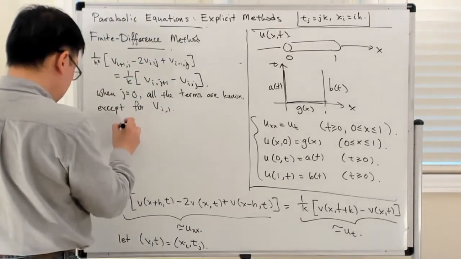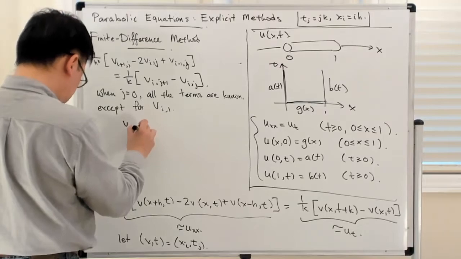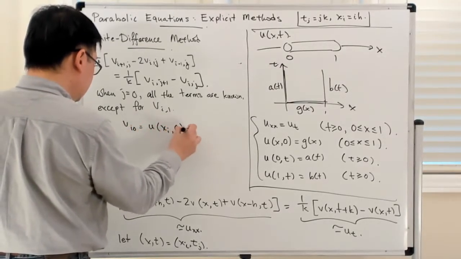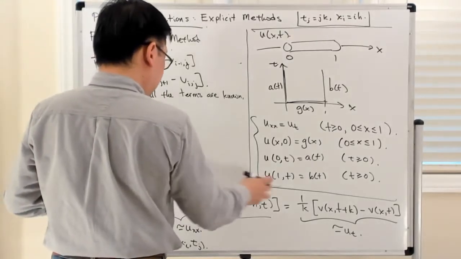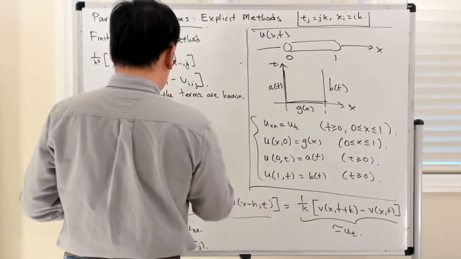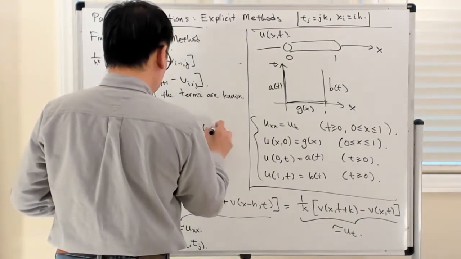And that's because v_{i,0} is equal to u of x_i comma 0. But u at time 0 is g of x_i, so this is g of x_i, right?